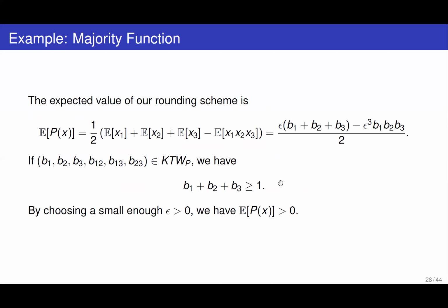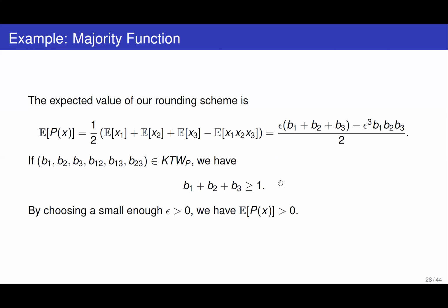Then the expected value of our rounding scheme will be epsilon times (b1 plus b2 plus b3) minus epsilon to the third, b1, b2, b3, and the entire thing divided by 2. Recall that if these biases are from the KTW polytope, then we have b1 plus b2 plus b3 is at least 1.